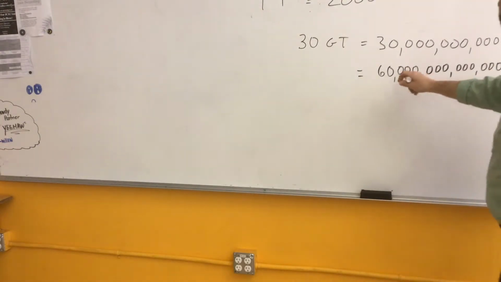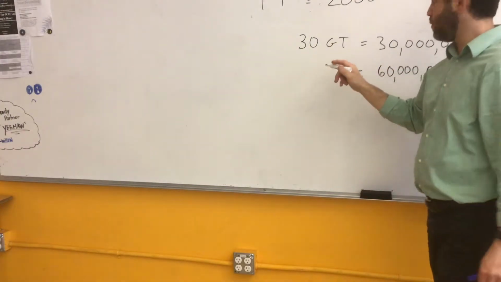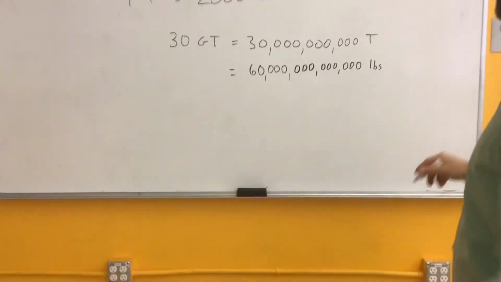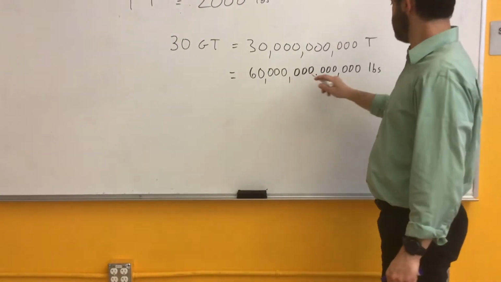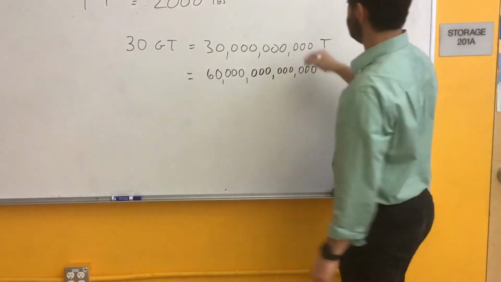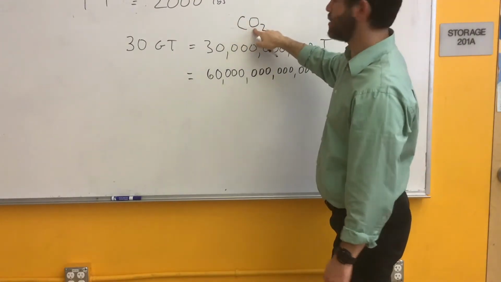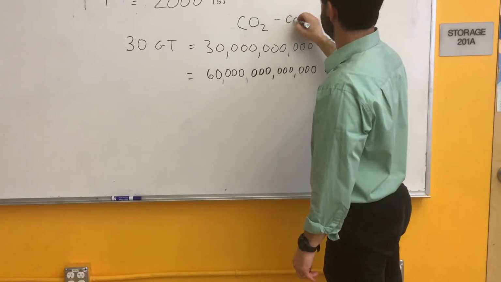So, when we talk about 30 gigatons per year that are human caused, what we're really talking about is 60 trillion pounds per year. So all these numbers are dealing with CO2. 1 carbon, 2 oxygen, carbon dioxide, which is a gas.